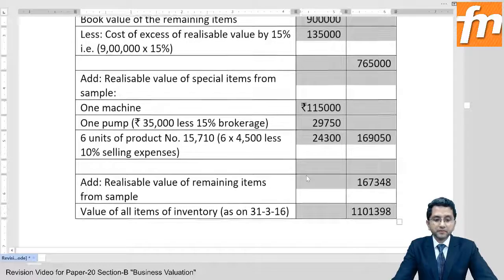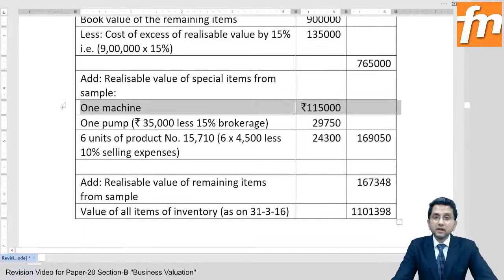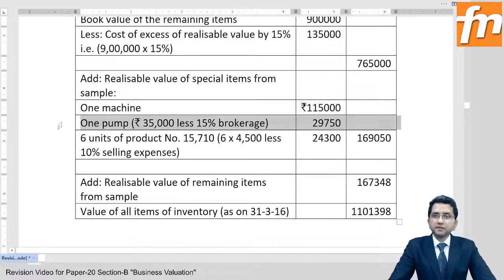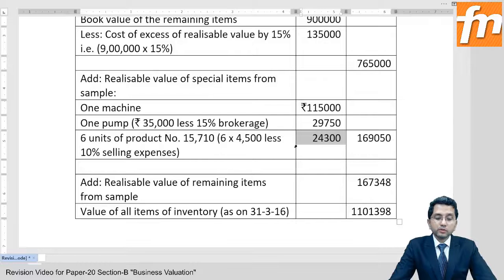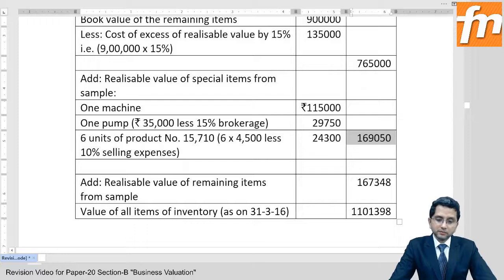Notice this. This was having a cost of 130, I think, realizable value 115. This was having a cost of 50, realizable value 29750. This was having a cost of some 33,000, realizable value 24,300. Total realizable value of special item 169050.